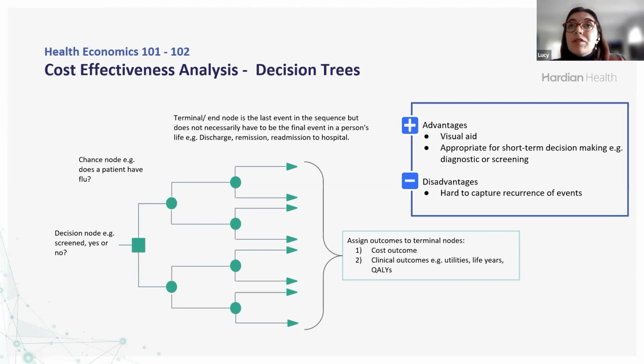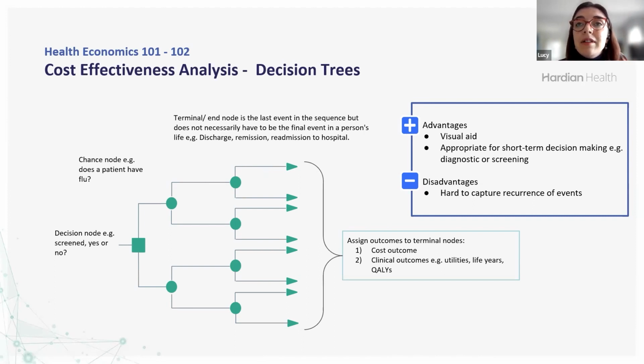Decision trees are beneficial in that they provide a nice visual aid for us to assess the decision problem, the question. But they're most appropriate for short-term diagnostic screening decision problems, and really are not that useful when it comes to assessing the recurrence of events, because if we have events happening multiple times, the number of branches expands and gets a bit crazy, an eyesore and hard to follow.